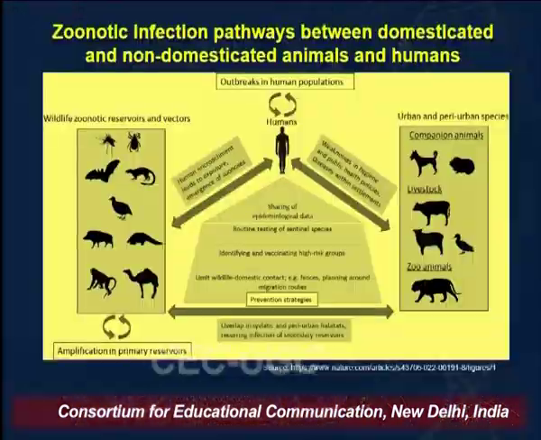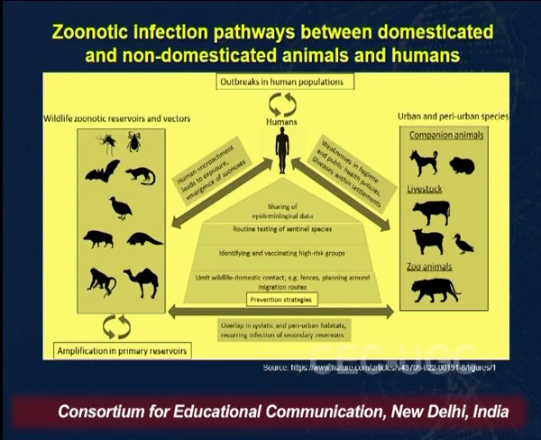Now, if we see the diagram over here, we can see how exactly the zoonotic diseases get into the human transmission systems. There are domesticated and non-domesticated animals. The wild zoonotic animals are basically the reservoir for these zoonotic diseases. One of the zoonotic diseases which spread a few years back was the COVID virus.